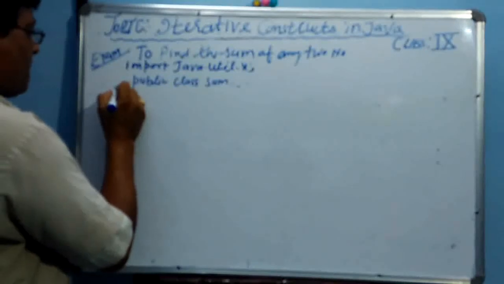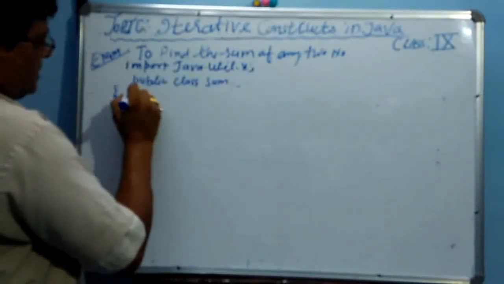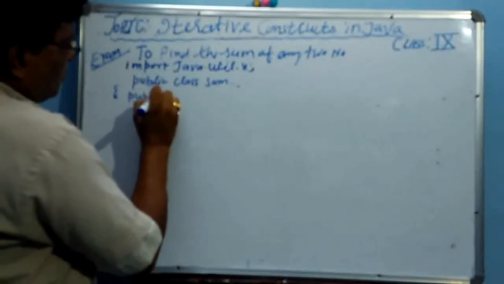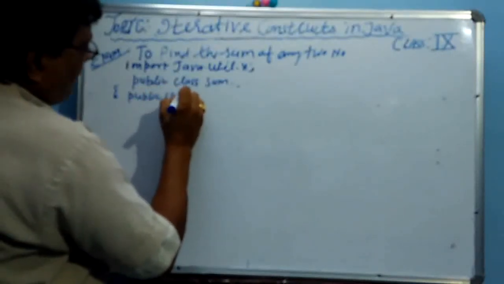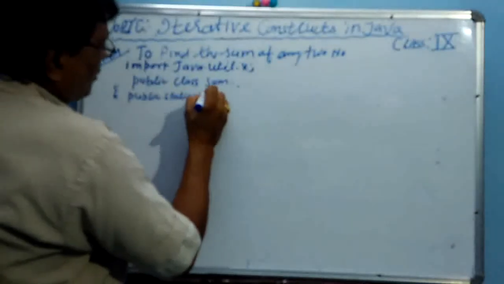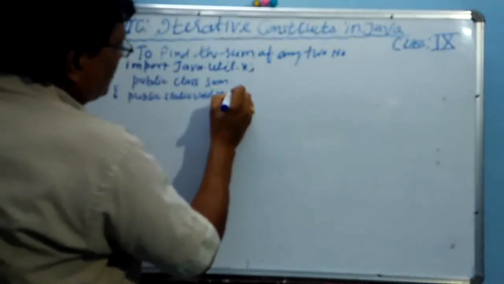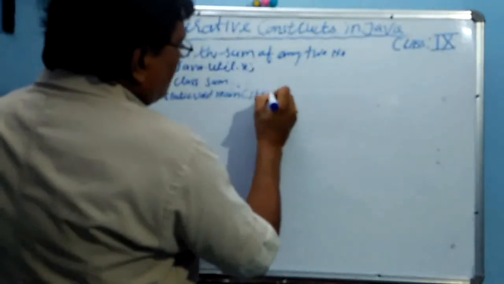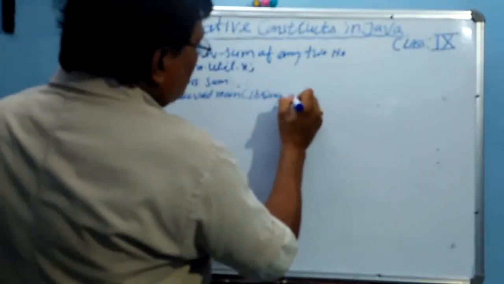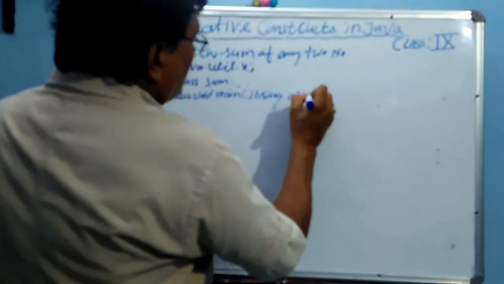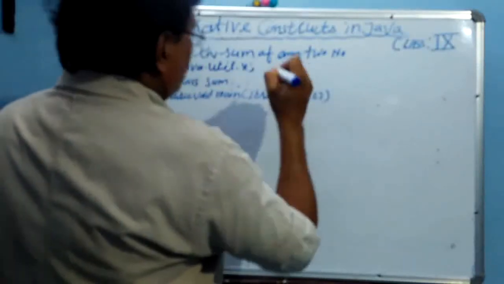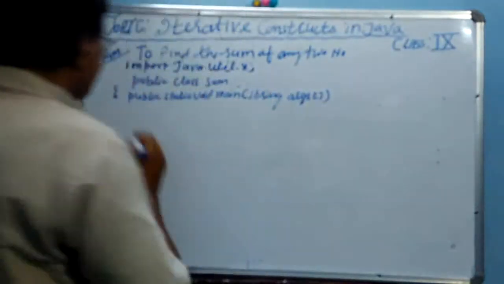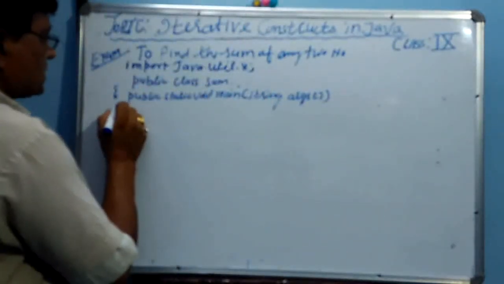Then open brace, we have to define the main function: public static void main, String args. Okay. Next, open brace.